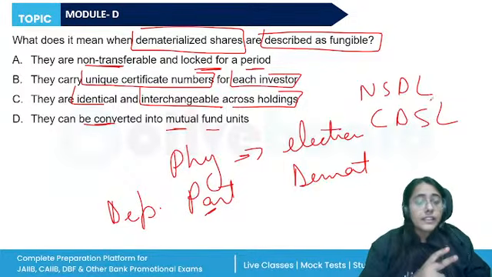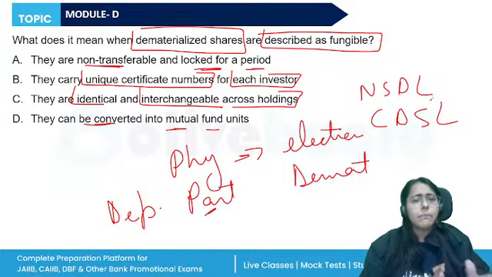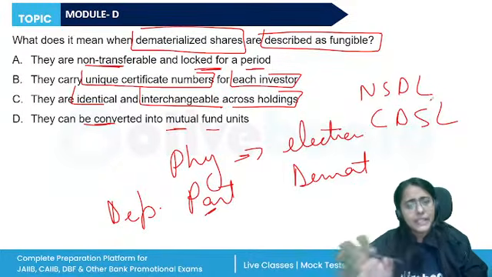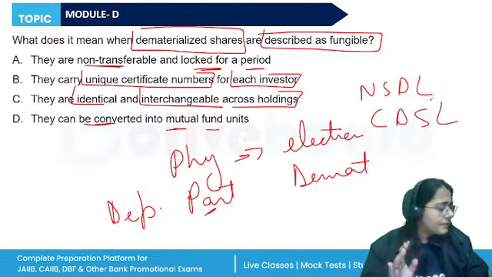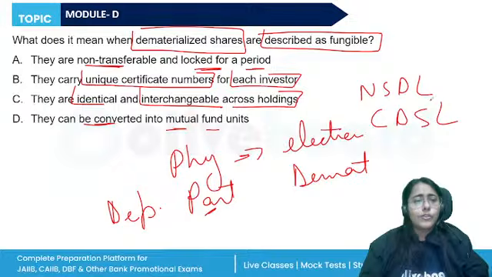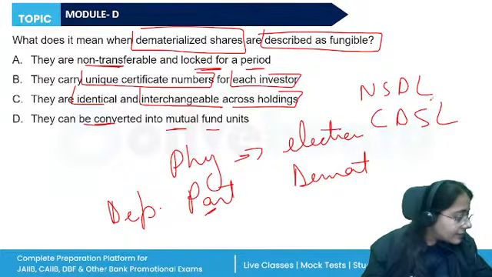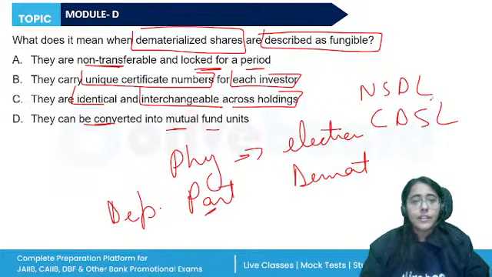Reconversion into the physical form, rematerialization. All types of equity, debt, preference shares, everything can be dematerialized. Depository participants are those registered with SEBI: financial institutions, banks, custodians, stockbrokers, intermediaries, everyone, right?